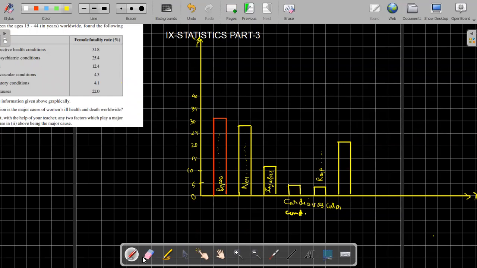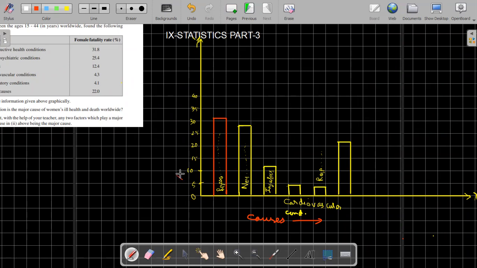So here we will write causes and one arrow. And here we are representing what? Family fatality rate.